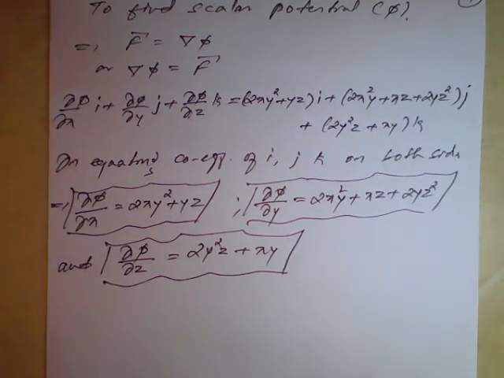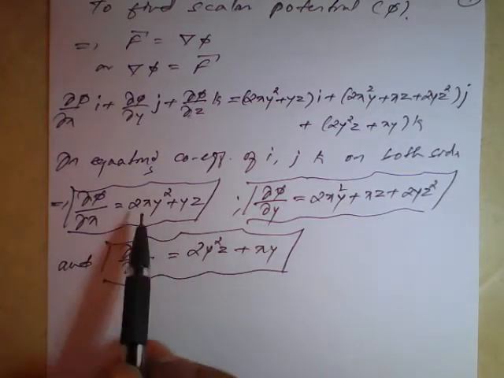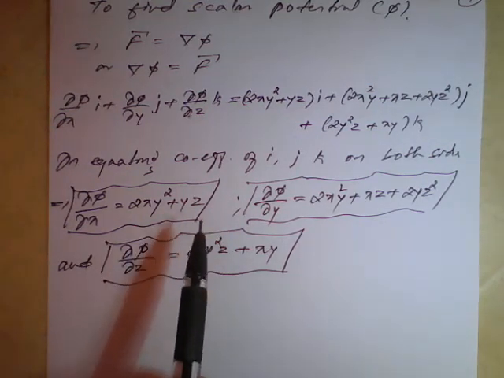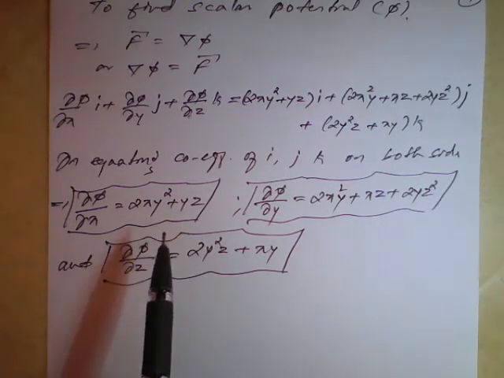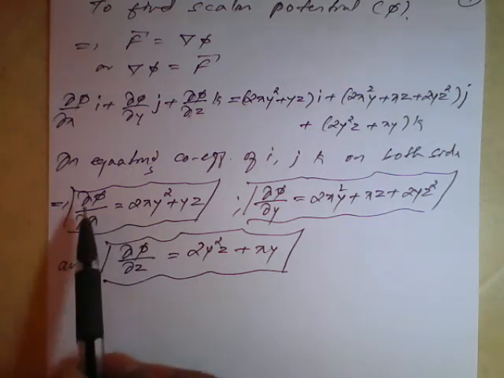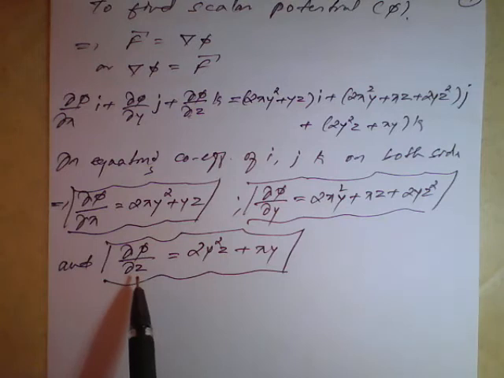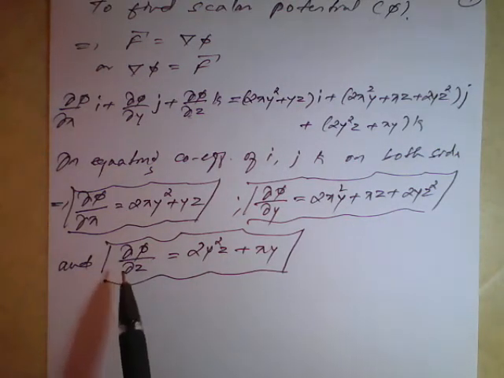We got it. But phi is nothing but the scalar potential. So from these three we are going to bring one common scalar potential by removing the partial derivatives with respect to x, y, and z by applying integration.